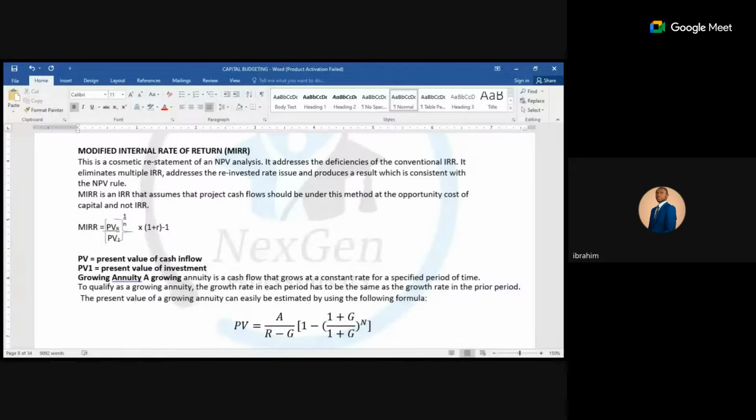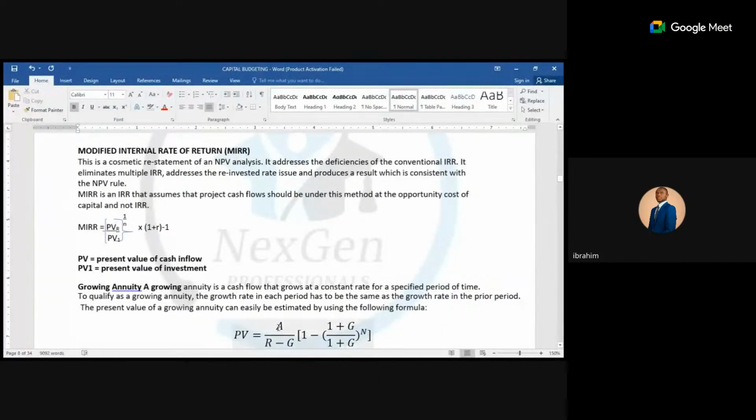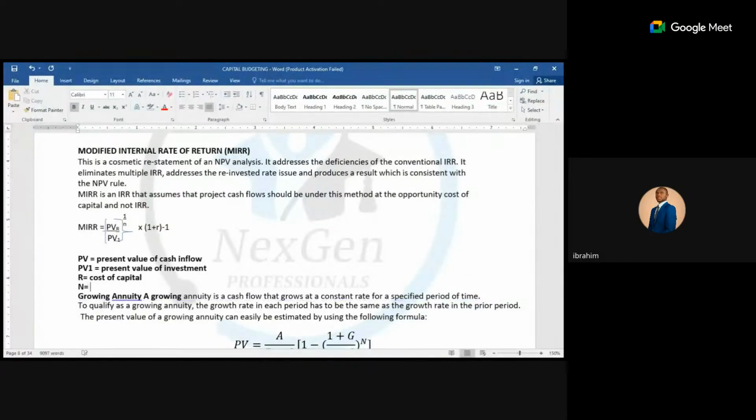Present value of investments, right? So here we have the cost of capital. The N is the number of years.